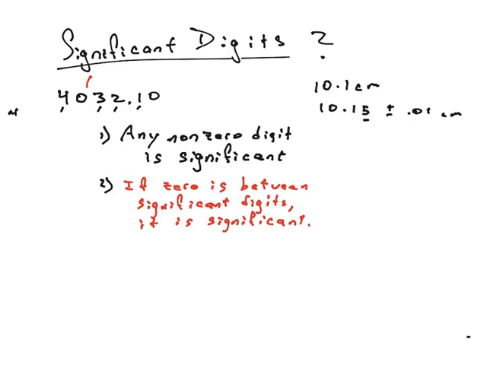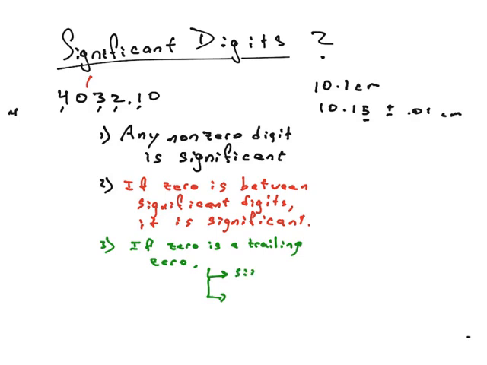What else? Another rule for zeros says that if a 0 comes at the end of a number after a decimal point, it is significant. If a 0 is a trailing 0, so that means it's the last digit, there are two rules for this.